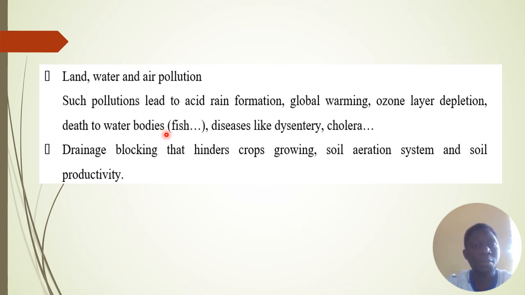Water bodies, when we say water bodies, are those living organisms that live in water. Diseases like dysentery, cholera, and other kinds of diseases. Another effect is drainage blocking that hinders crop growing, the soil aeration system, and soil productivity.